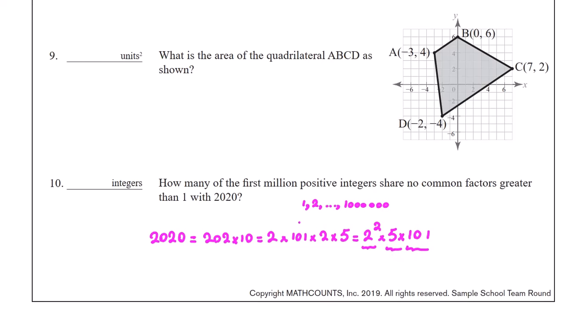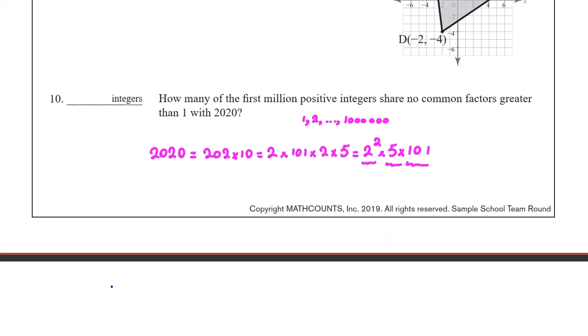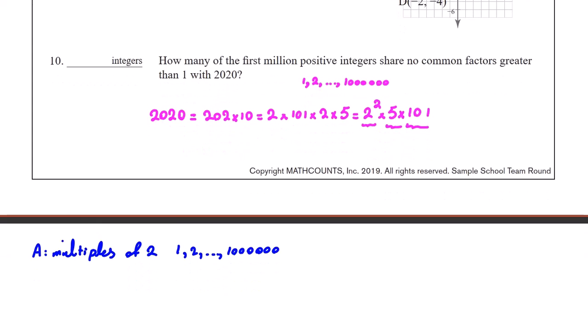Okay, so let's write it on a new page. For example, consider A is the multiples of 2 from 1 to 1 million, and here let me write like this.